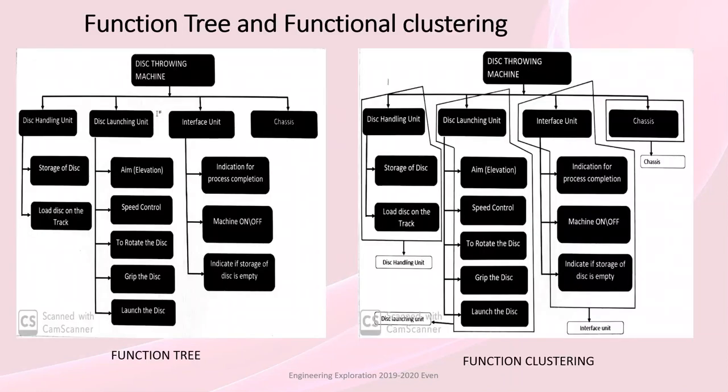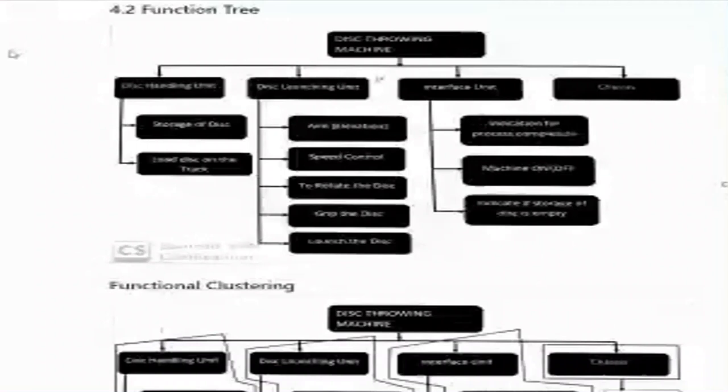So this is our function tree and function clustering, and it would be further explained by Kanishk. This is the function tree of our machine. The main function is the throwing machine, which is our machine. The sub-functions are disk handling unit, disk launching unit, interface unit, and chassis. The disk handling unit covers storage of disk and loading the disk on the track.